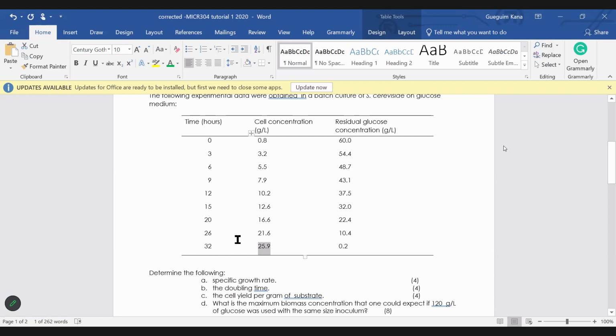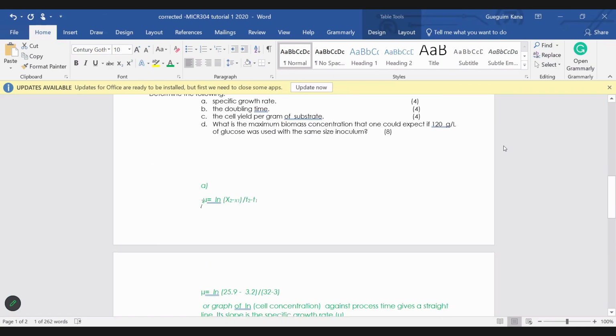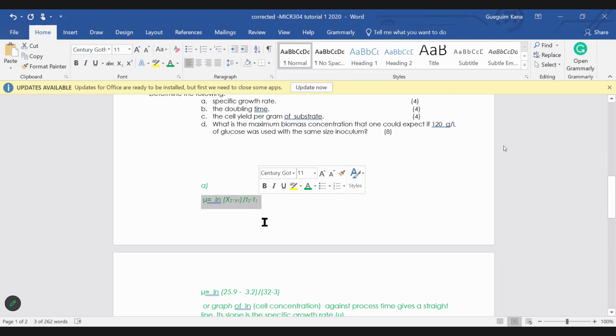If you take it like that, it's correct because you are assuming that 0 hours and the corresponding biomass were the lag phase. I will know for sure that this equation is applicable or accurate only in the exponential phase. By applying that, you're going to obtain your specific growth rate, mu.